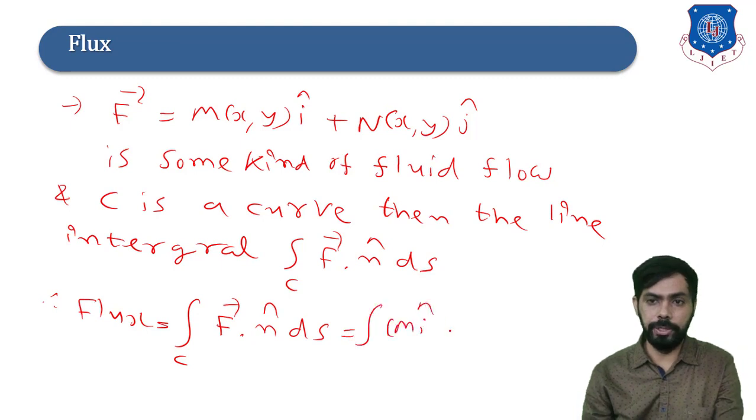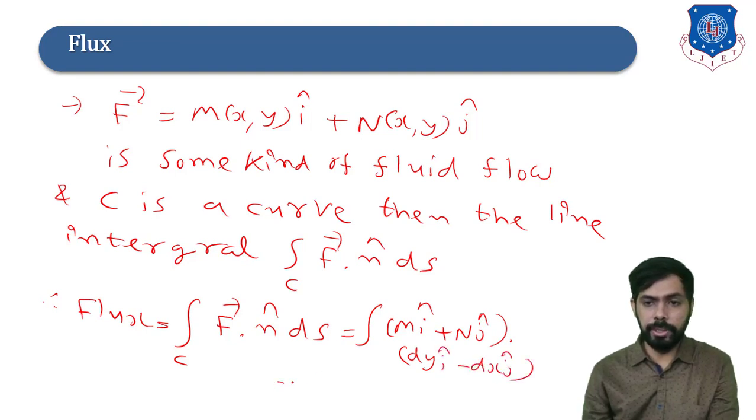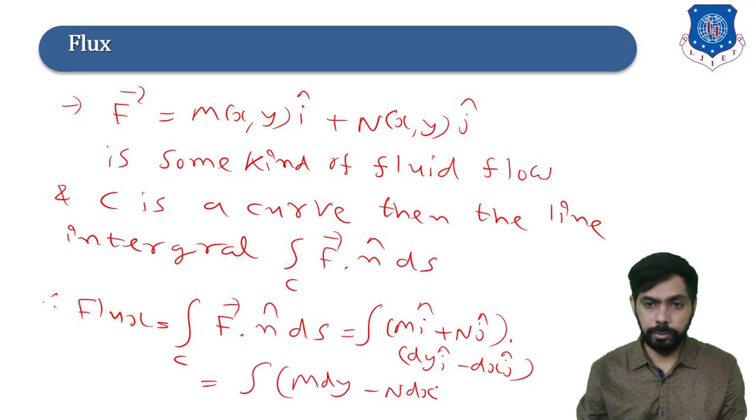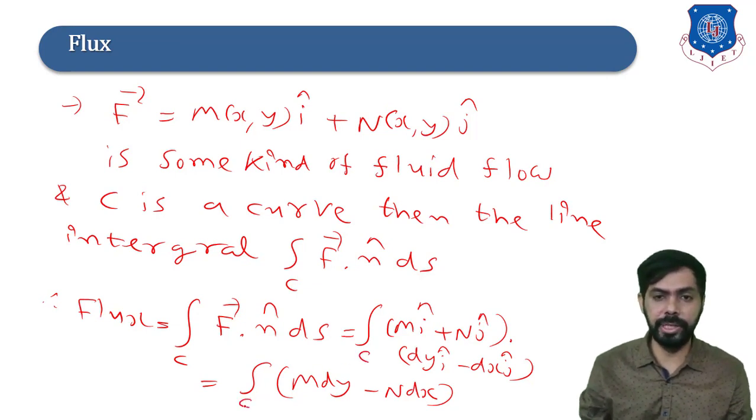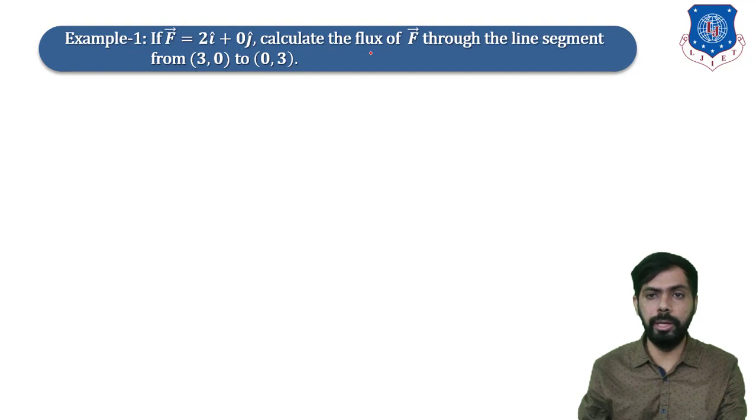So here f is m i plus n j dot, now n cap ds will be dy i minus dx j. So this will be integration of m dy minus n dx over a curve c. Now we will discuss an example related to flux. So first example, if f is equal to 2 i plus 0 j, then calculate the flux of f through the line segment from (3, 0) to (0, 3).